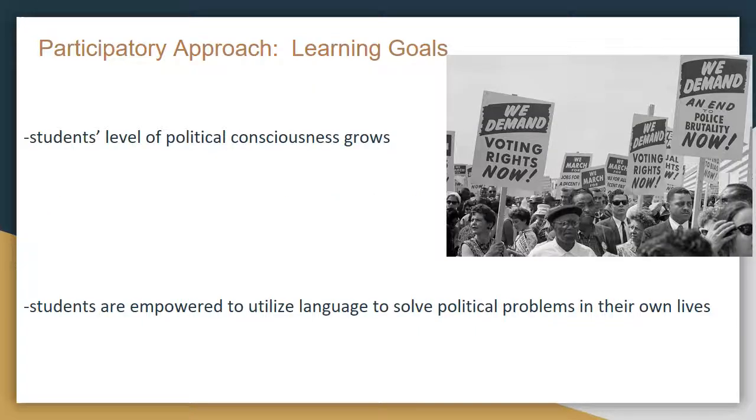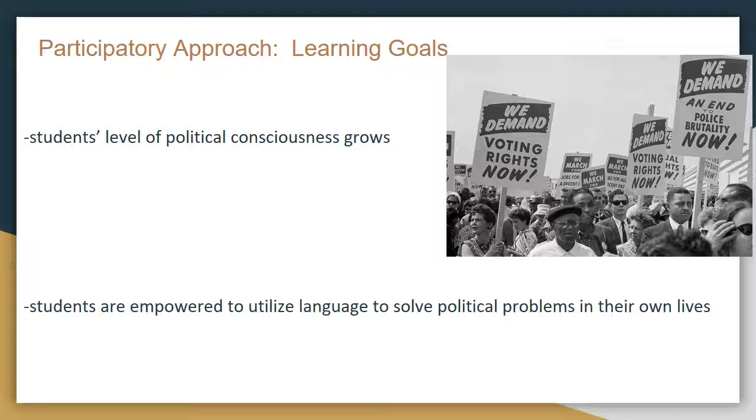So some other learning goals is that students will develop increased political consciousness, so understand issues that are going on in their society and be more aware and more active and participatory in government and in local community action. Students will be able to utilize language when needed to solve political problems that affect their daily lives.